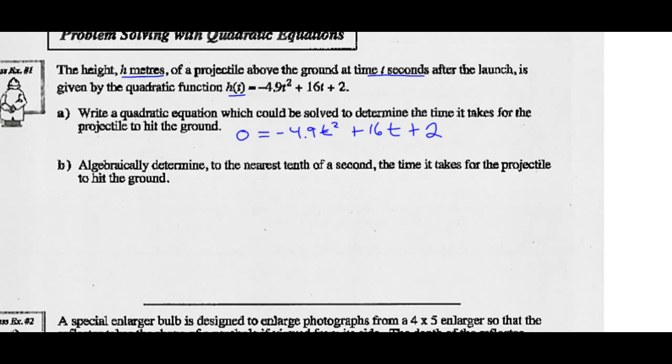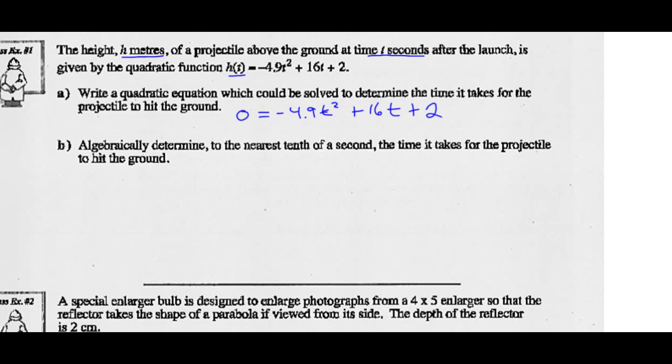B, algebraically determine to the nearest tenth of a second the time it takes for this projectile to hit the ground. So algebraically we could solve this by factoring, or we could use the quadratic formula. Seeing as that looks like a pretty tough one to factor, let's use the quadratic formula. a equals negative 4.9, b equals 16, and c equals 2.